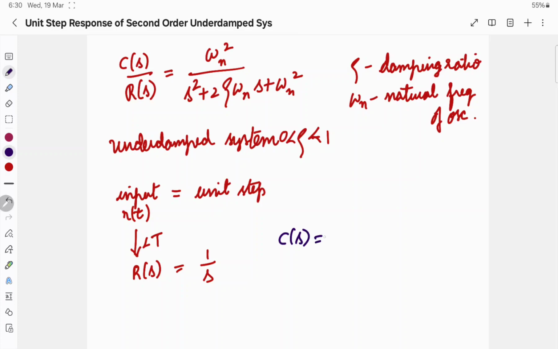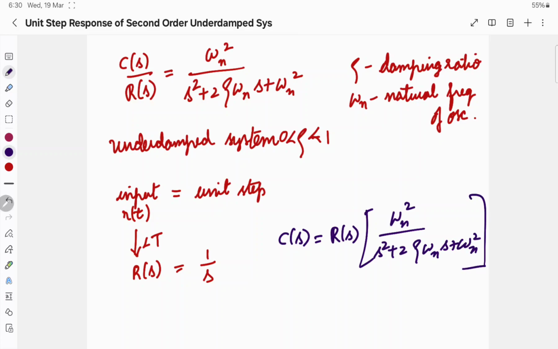C(s) is equal to R(s) multiplied with omega n square divided by s square plus 2 zeta omega n s plus omega n square. Now plug in the value of R(s), which is 1 by s.